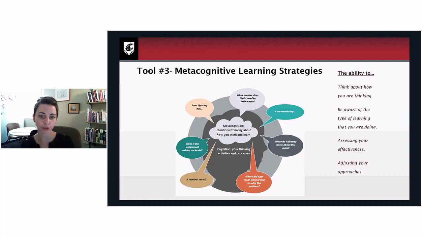What I'd like you to do as we move through the next few exercises and slides is to take off your tutor training hat for just a minute and focus on your life as a student. And once you sort of think about these strategies and how you would use them as a student, then you can start to think about how you would use them and bring them into the tutoring environment.